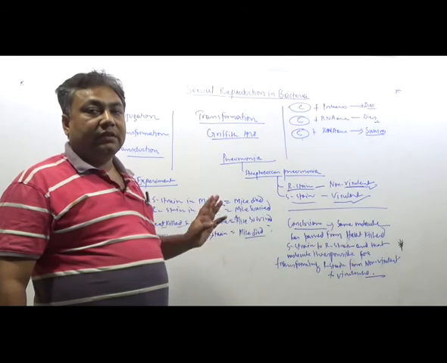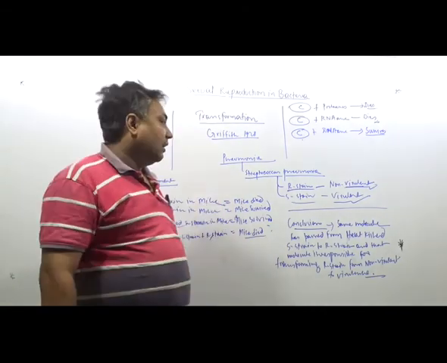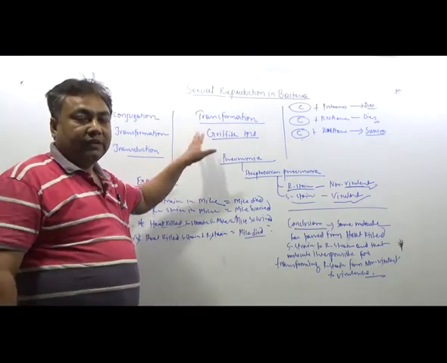So DNA is the genetic material. That could be established later from the transformation experiment of Griffith in 1928.